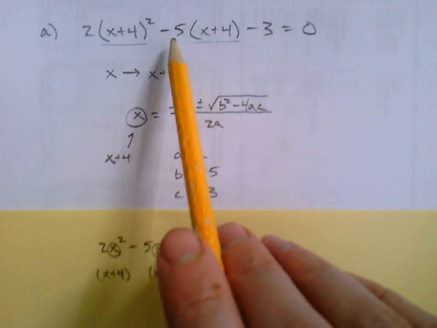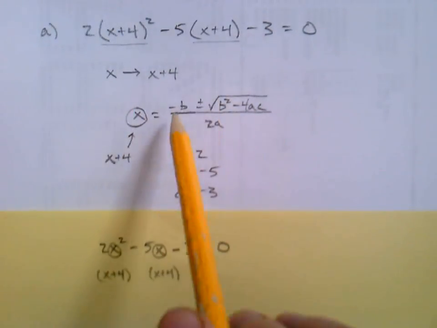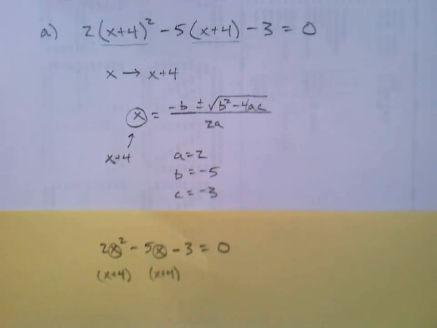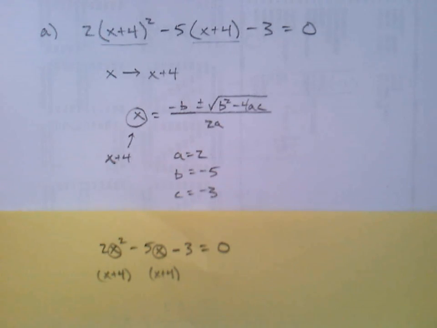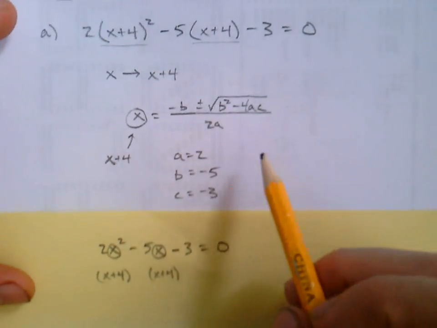But this very idea of replacing x with x plus 4, sometimes that's hard for it to just hit you. So obviously we'll do another example as well. But really we're looking for that light switch to go off, like, oh, it's the same procedure. I'm just going to call it x plus 4 equals that. And then we'll see that's going to change. There'll be a little bit more to the problem at the very end. All right, anyway, let's go for it.